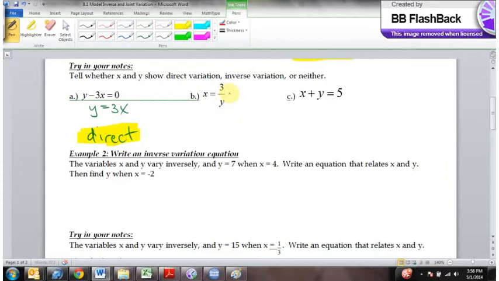Let's multiply both sides by y because y needs to be in the numerator. So I have xy equals 3. Divide both sides by x to get y by itself. And then y equals 3 over x. Our constant's up there in the numerator, so that would be inverse variation.